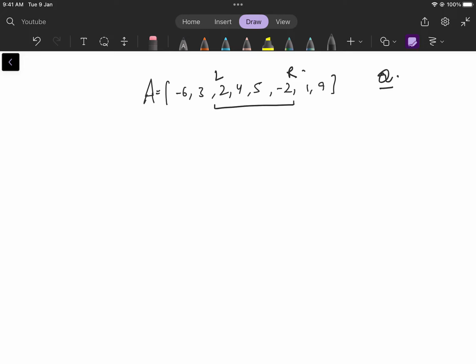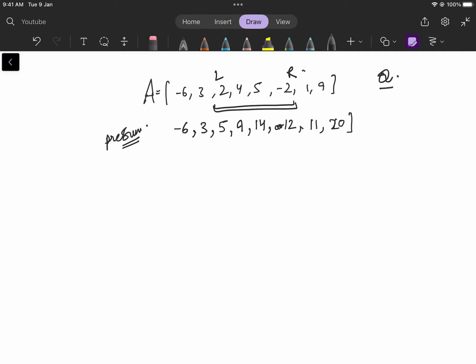So what you can do is maintain a prefix sum array, like a cumulative sum. Sum till here is 3, sum till here is 5, sum till here is 9, then sum till here is 14, sum till here is 12, since 14 minus 2 is 12, sum till here is 11, sum till here is 20, I think.